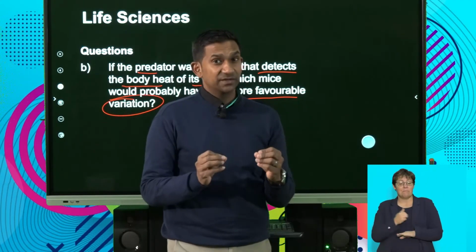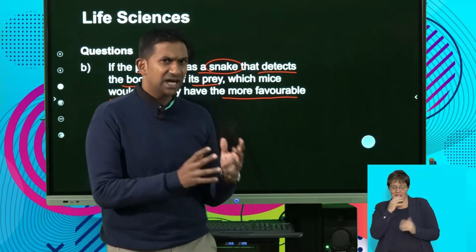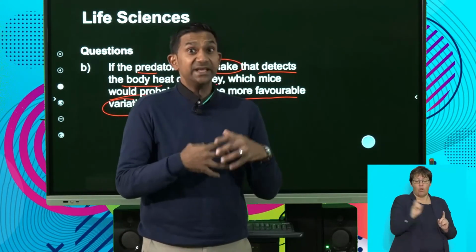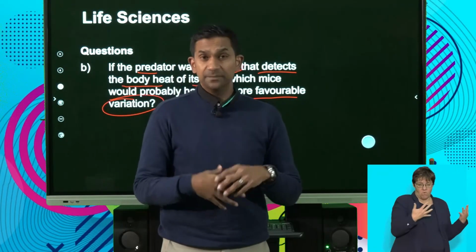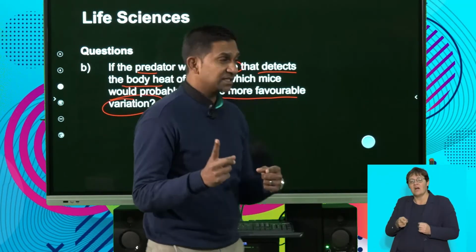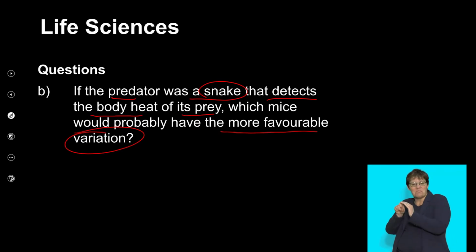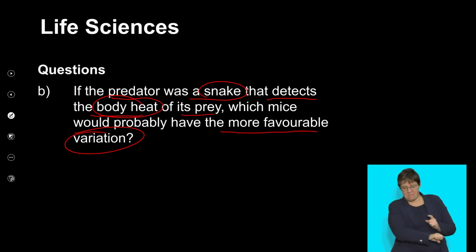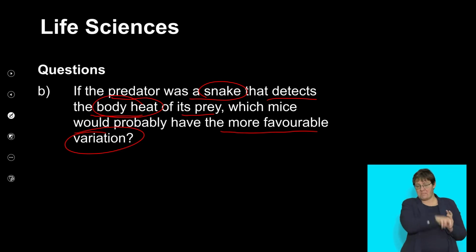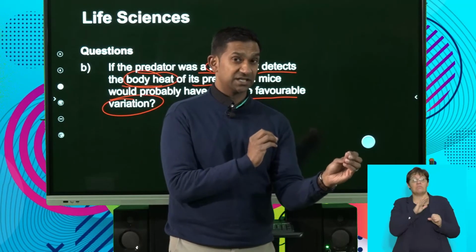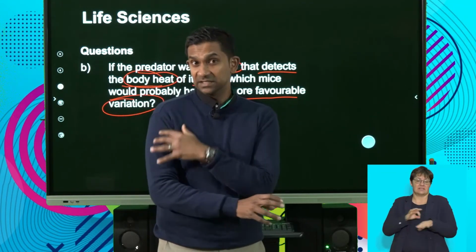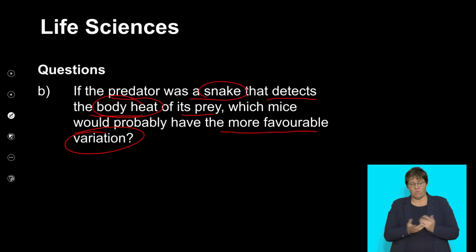So purely based on that, the dark-colored mice would have absorbed more heat and will probably radiate more heat to their surroundings. That in turn means that a predator that detects body heat is most likely going to pick up the darker colored mice. Now we see that the selection pressure changes and favors having light colored skin, or in this case, fur.